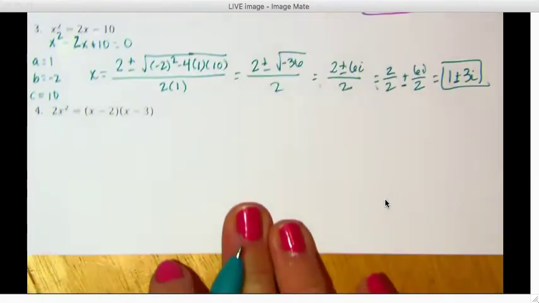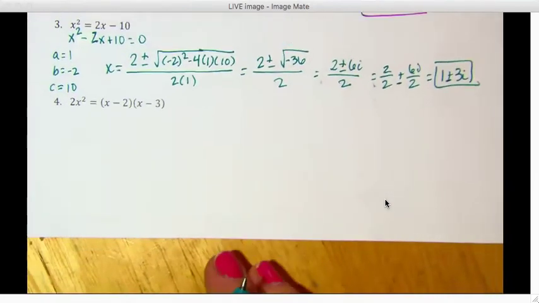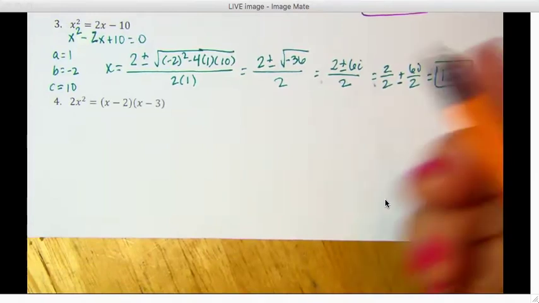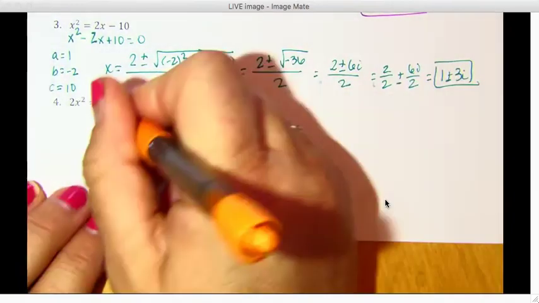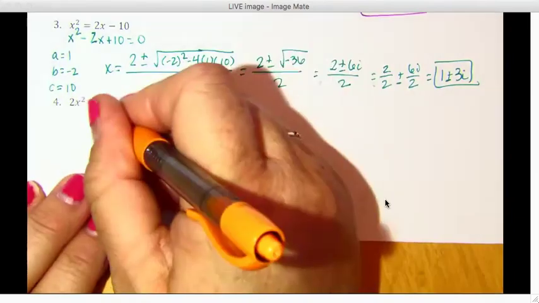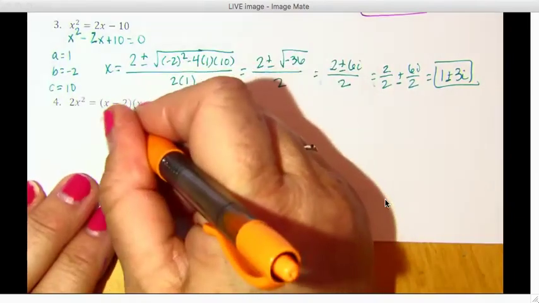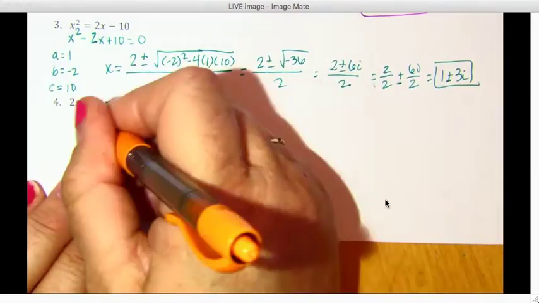Now for this next example, I need to multiply out those two factors before I can even start using the quadratic formula. I need to get this set equal to 0. So if I do the box method here, or FOIL, I will end up with x squared minus 5x plus 6.